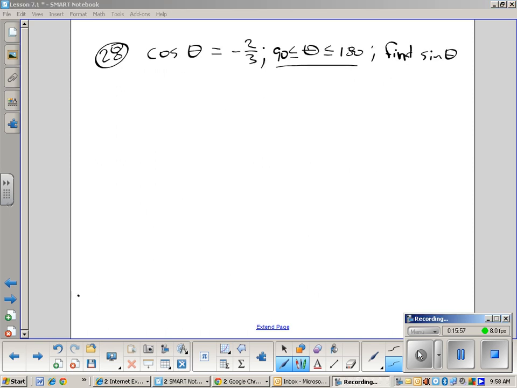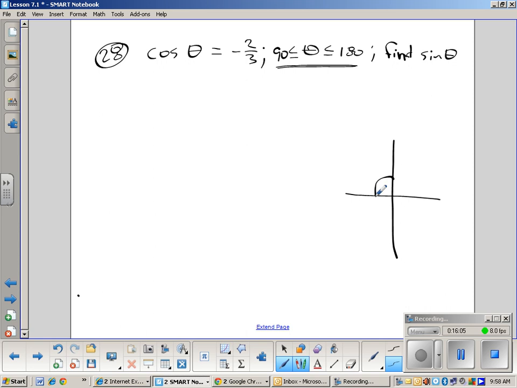Second quadrant? Yeah, because the angle is between 90 and 180, and we're in quadrant 2. We're over here, okay? And so that negative sign is there because cosine on this side is negative. If we look at our triangle and we call this theta, adjacent is 2, hypotenuse is 3.